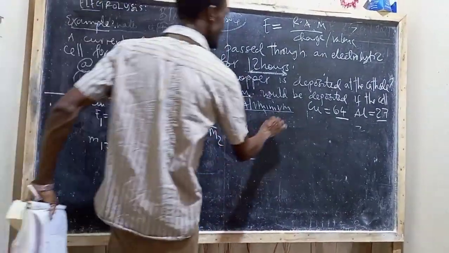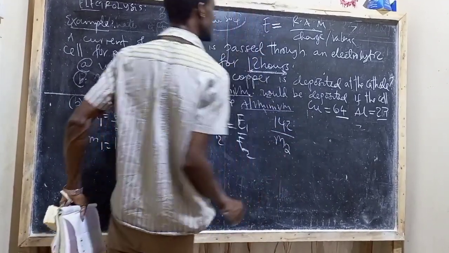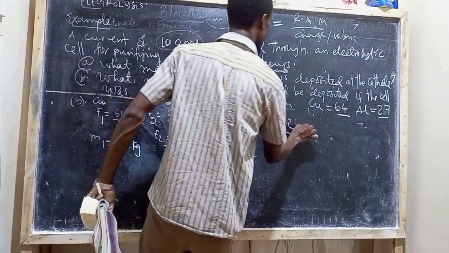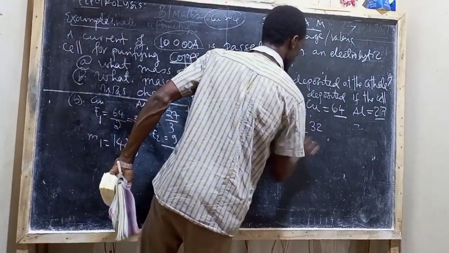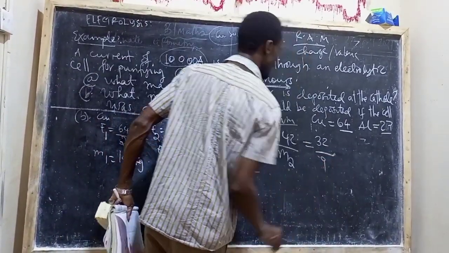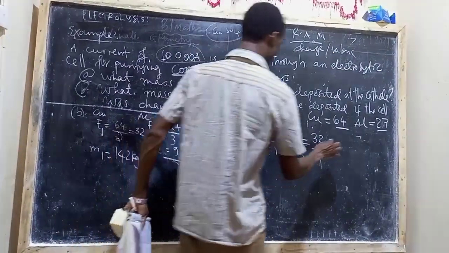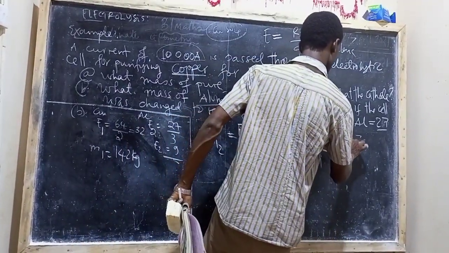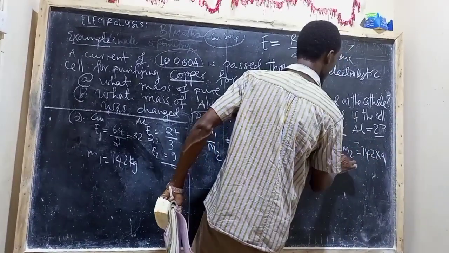The first mass is 142 over the second mass, which we don't know. It is what we've been asked. The chemical equivalent for the copper, we have seen, is 32, and that of aluminium is 9. Now we are looking for the value of M2. Cross multiplying, we have 32 M2 is equal to 142 times 9. Therefore, you divide by 32.